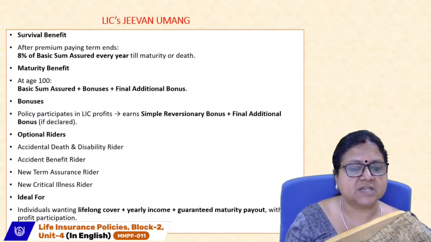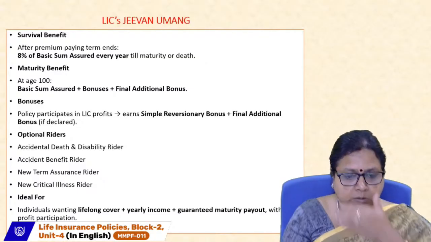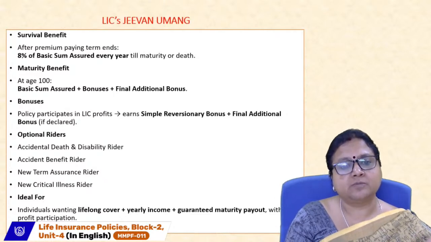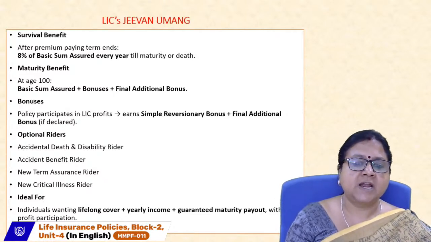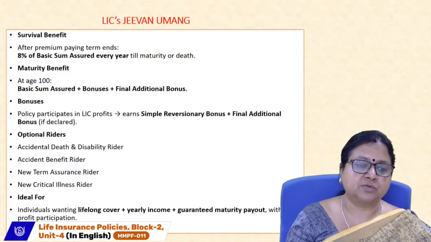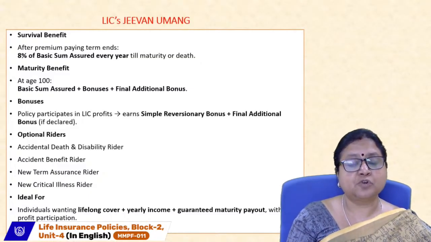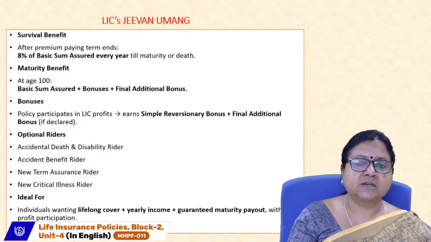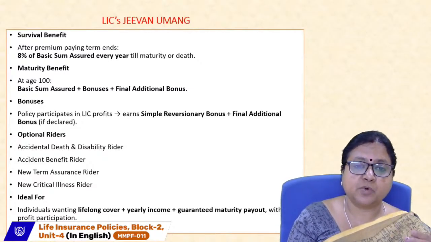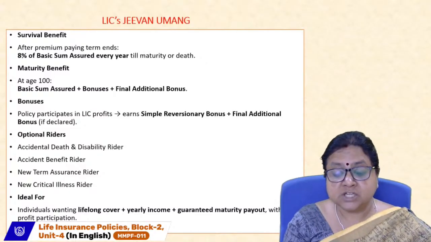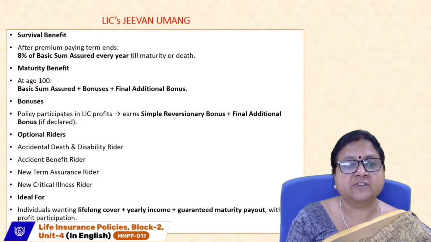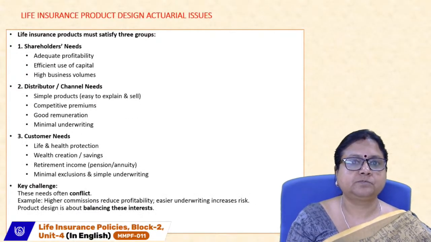This policy is ideal for a person who wants lifelong cover, a regular income after a certain time period, and a guaranteed maturity payout, with of course profit participation if the insurance company gets profit out of the investments they have made.